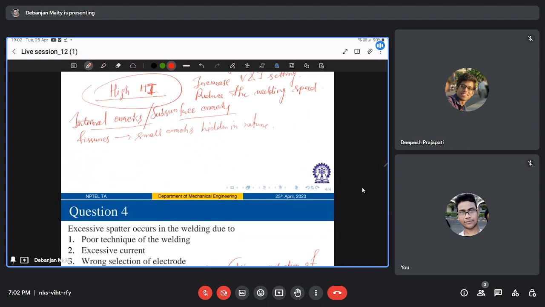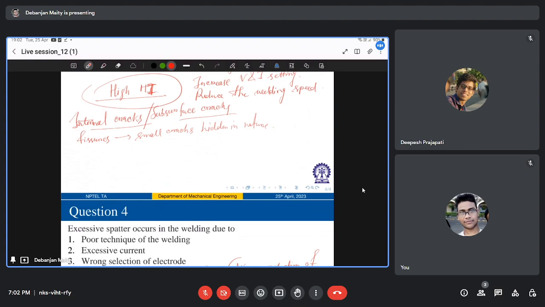They are very dangerous actually, because they create a large reduction in strength per se. These cracks are more important because they will cause failure of the material, especially under impact load or low temperature service conditions.